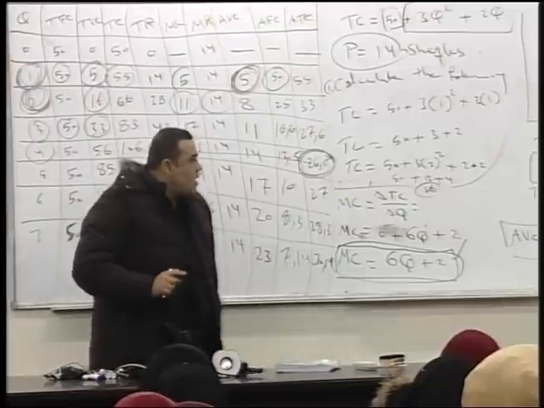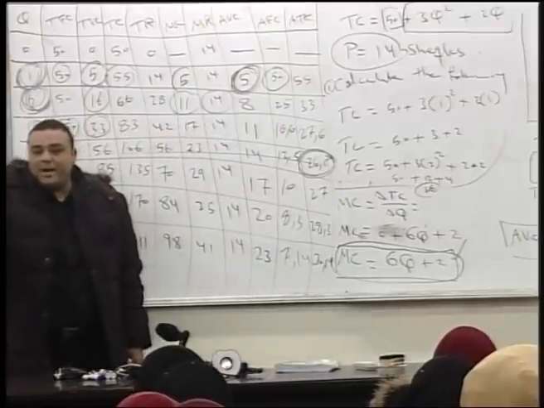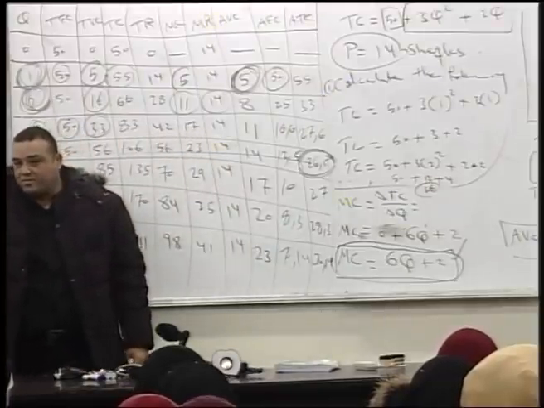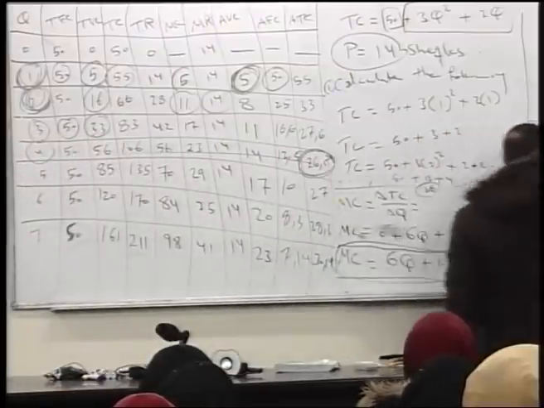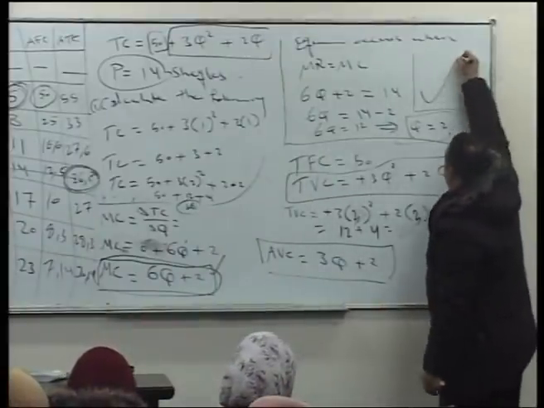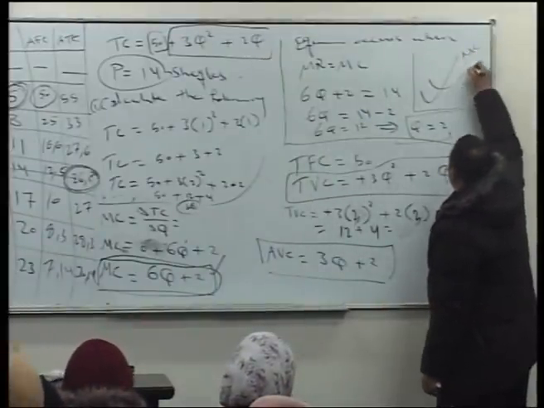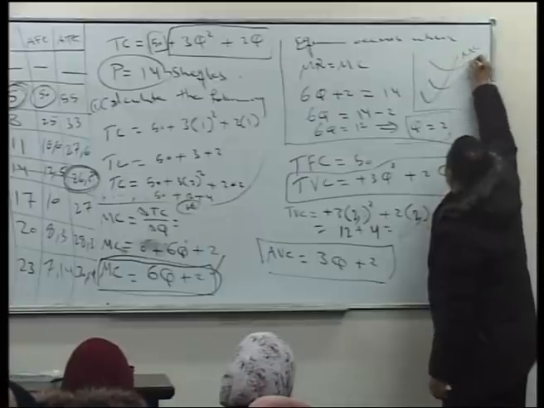Okay, at equilibrium how much is the total revenue and total cost? We said it's not necessarily, at equilibrium, that we have this is MC, AVC and ATC.